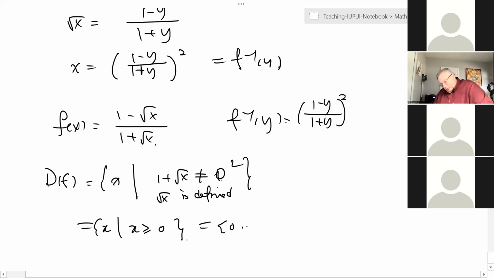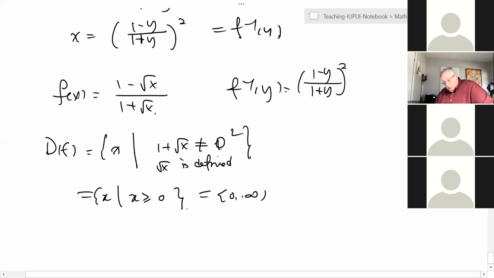So that is the domain of the function. But the range of the function would be a little bit difficult to figure out. From the inverse function, you can see that y cannot be negative 1.